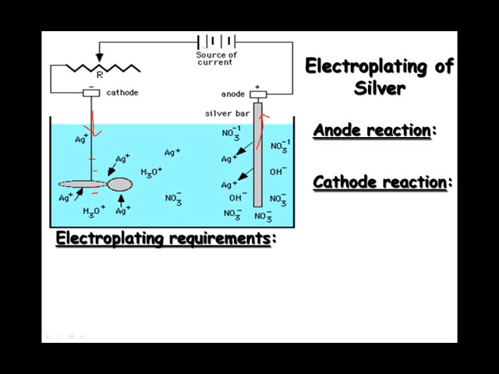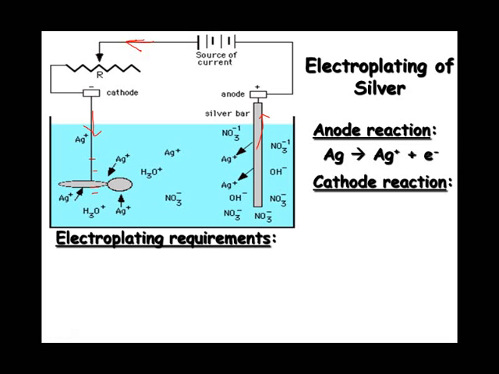The electrons are flowing this way. Still flowing the same way as in an electrolytic cell or an electrochemical cell, from anode to cathode. So as you do that, the silver gets used up.